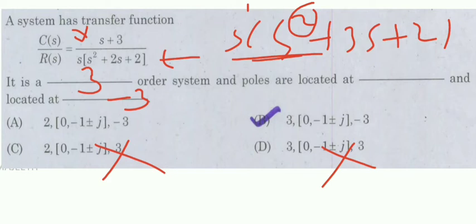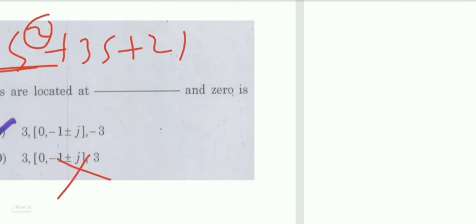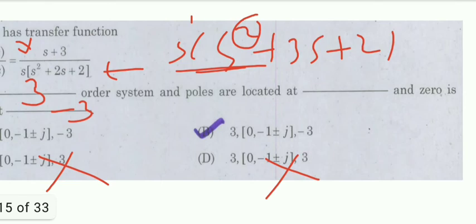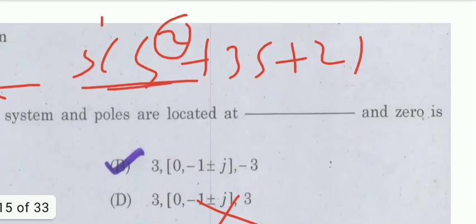In this equation, the denominator only gives the poles of the transfer function. How can we find the poles? We have to factorize it and find the values which make the total transfer function infinity.